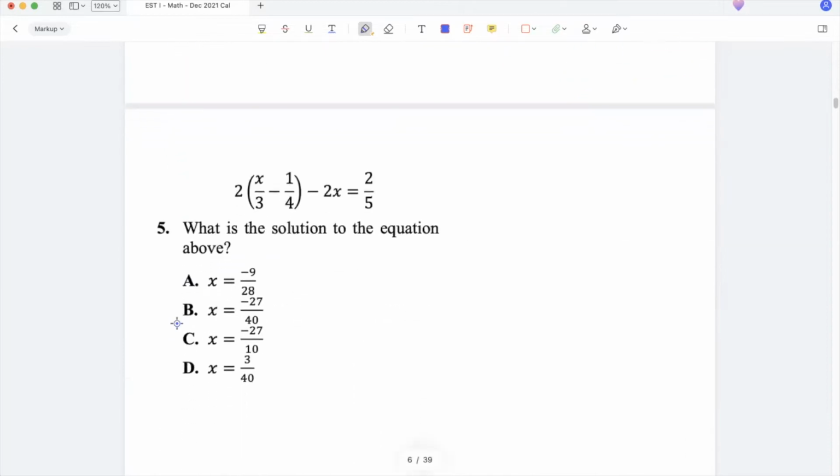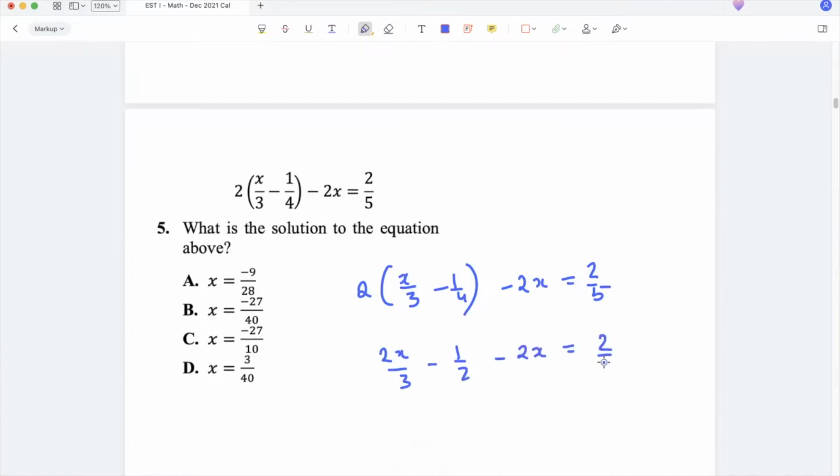What is the solution to the equation above? 2 times (x minus 3 by this) minus 2x is 2 by 5. So 2x by 3 minus 1 by 2 minus 2x is 2 by 5. So if I take 2x common, 1 by 3 minus 1 will be 1 minus 3 by 3.